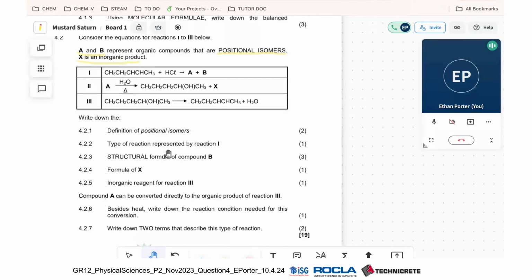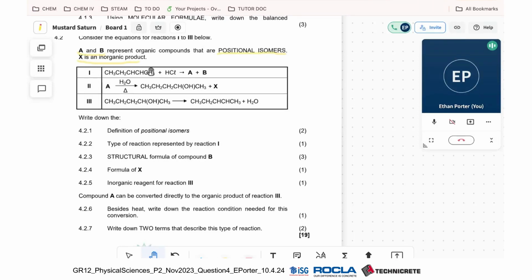Okay, type of reaction represented by reaction one. So let's have a look at reaction one. We have some organic compound reacting with acid to give A and B. So often these types of reactions, unfortunately, you just have to memorize this. It can be a halogenation reaction, like we could be substituting the Cl somewhere into this molecule.